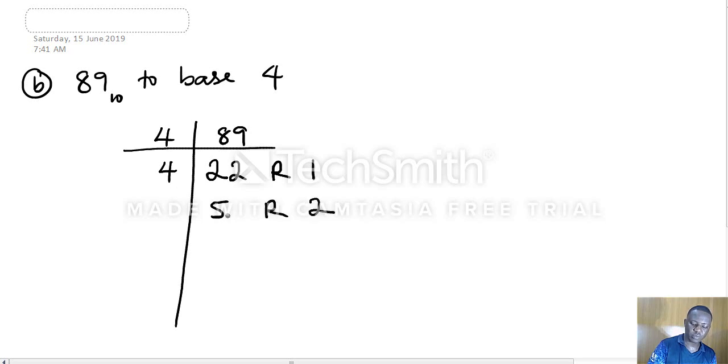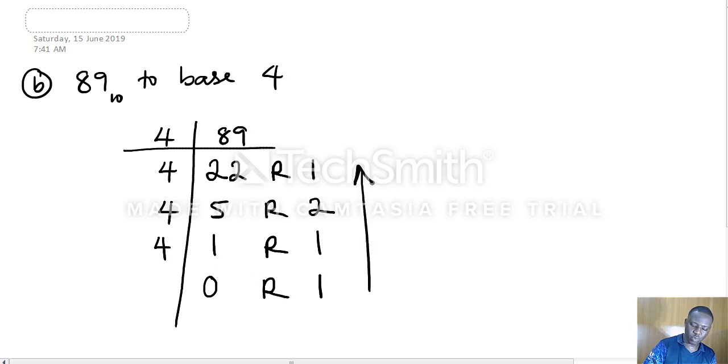For 5 times 4 is 20, and 22 minus 20 is 2. Divide by 4 again. 4 into 5 is 1, remainder 1. And 4 into 1, we cannot, so we say 0, remainder 1. So 89 base 10 is equal to 1121 base 4.